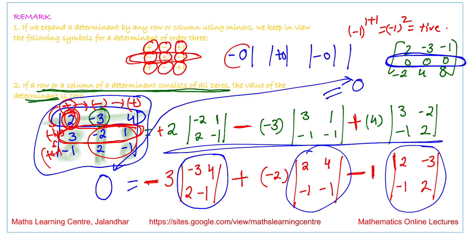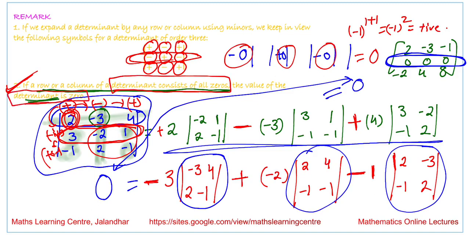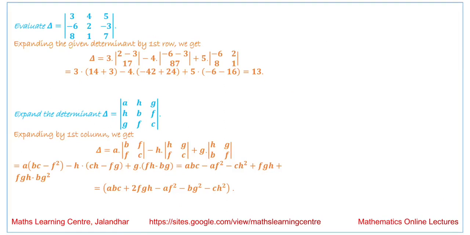So in all these terms we have 0 multiplied, and the final answer will be 0. This is mentioned in this second point, that if a row or a column of a determinant consists of all zeros, then the value of the determinant is 0.